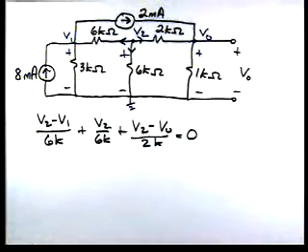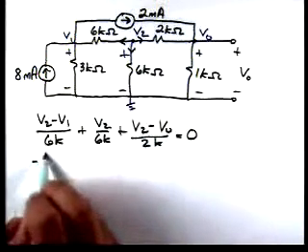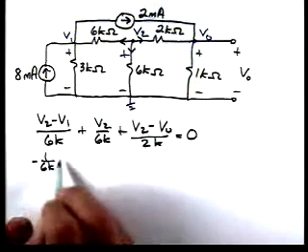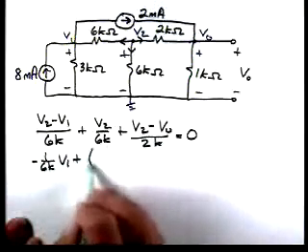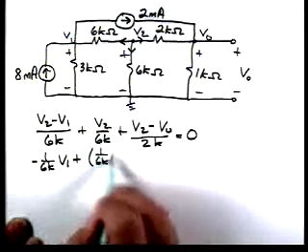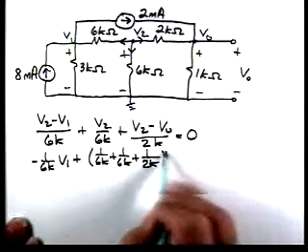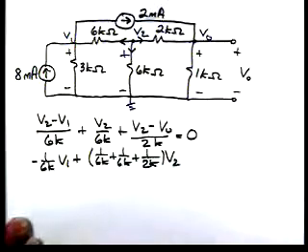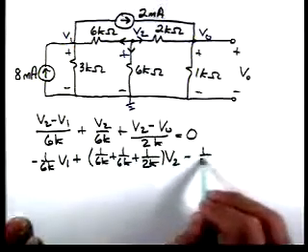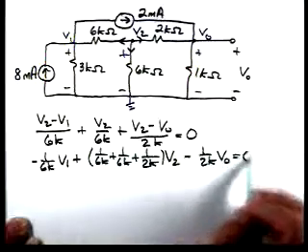Now let's collect up terms. We'll have minus 1 over 6K times V1. We'll have 1 over 6K plus 1 over 6K plus 1 over 2K times V2. And then we have minus 1 over 2K times V0 equal to 0.